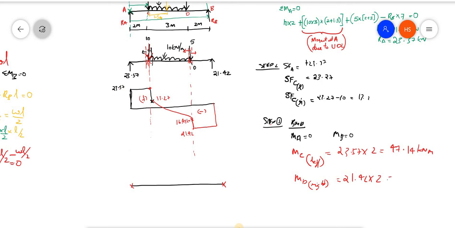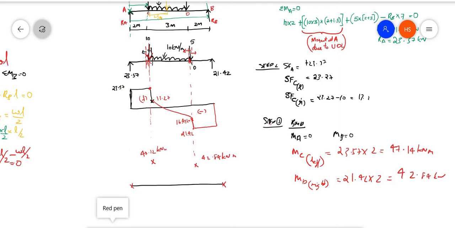21.42 into 2, so the answer will be 42.84 kilonewton. So I am having here 47.12 and 42.84 kilonewton meters.